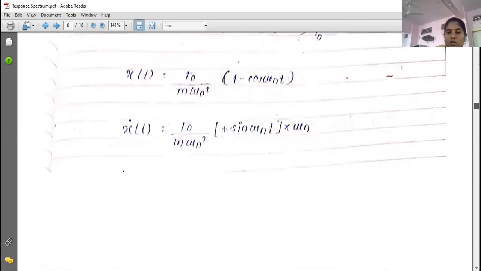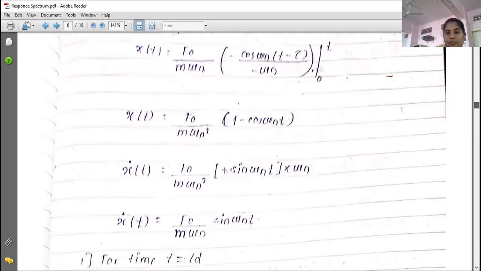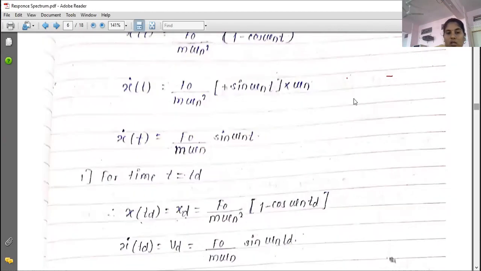Now we have to solve this integration once again, and x of t will be equal to f naught upon m omega_n square into 1 minus cos omega_n t. If we take the velocity derivative of this, it will become f naught upon m omega_n into the derivative, where the derivative of 1 is 0 and the derivative of cos is minus sin, getting cancelled. So I will get the value of v and the value of x, both values.